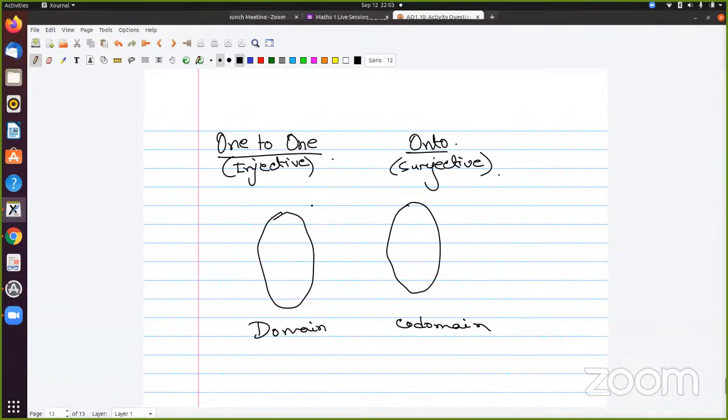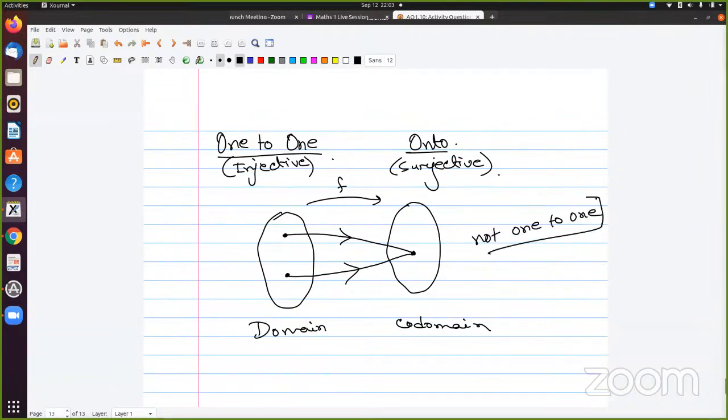I have a function f. If I have two inputs for which I have the same output, then it is not one-to-one.